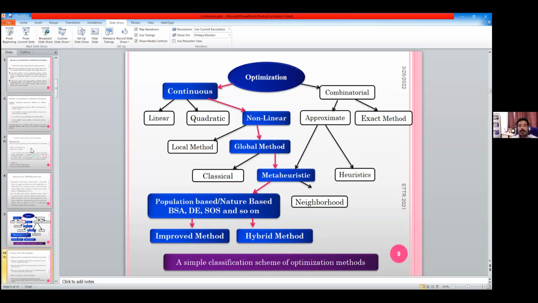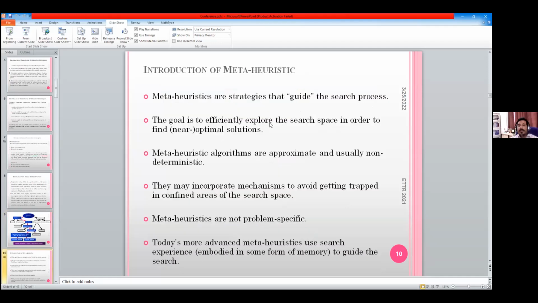Now these are the benefits. Using nature inspired optimization algorithms, how we will search, they are guiding that process. So that's why we call them an upper level search process.